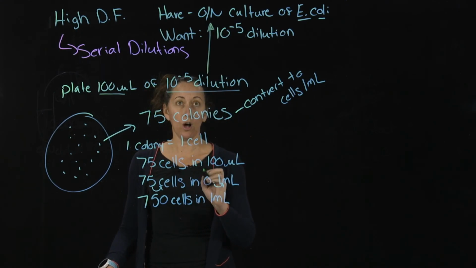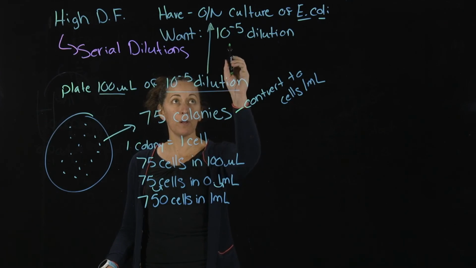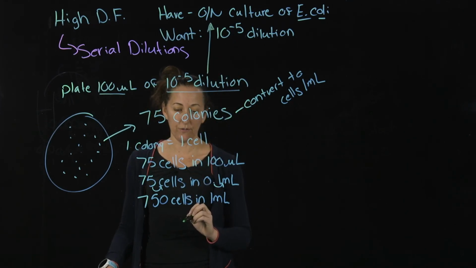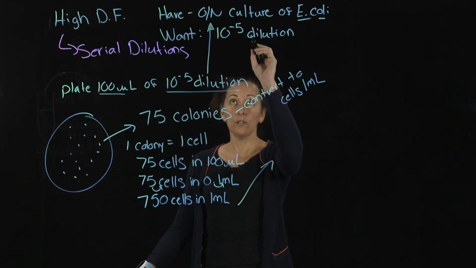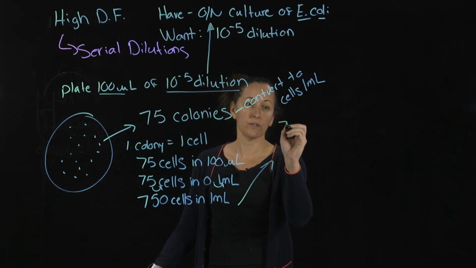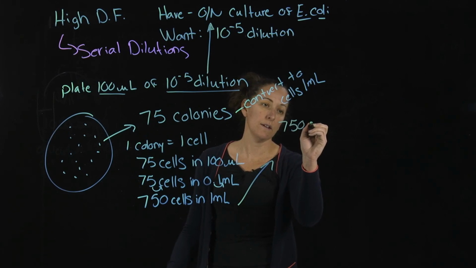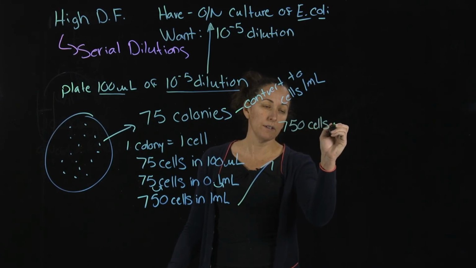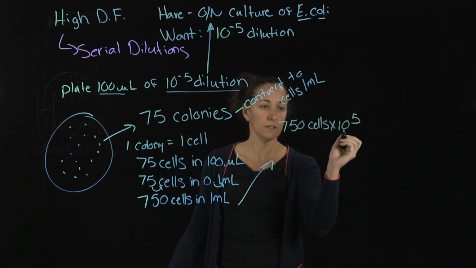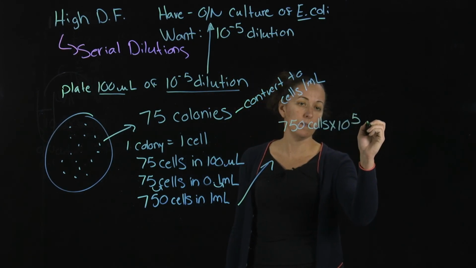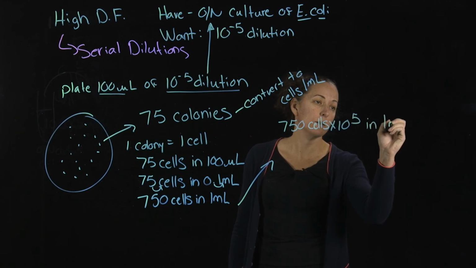To do that is quite simple. All we do is multiply by the inverse of our dilution factor. So to get back to our overnight culture, we go 750 cells times 10 to the 5 in 1 mil.